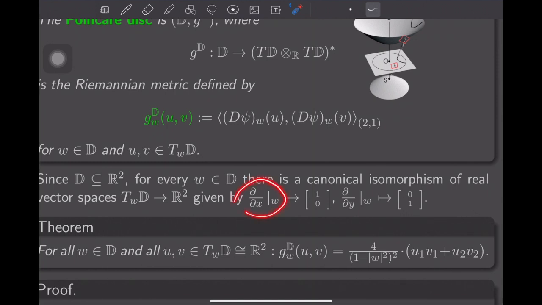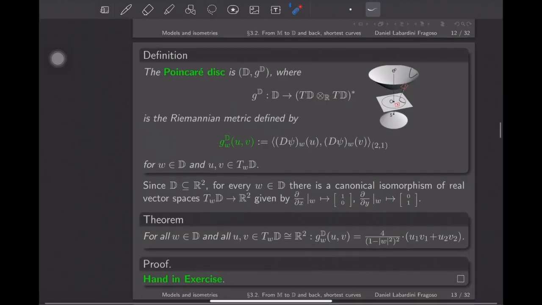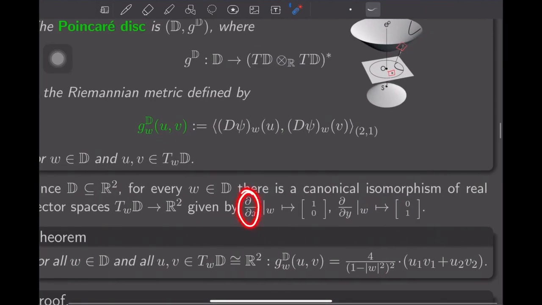Any such derivation, I don't want to go too much into that. The partial derivative with respect to x gets identified with (1, 0). The partial derivative with respect to y gets identified with (0, 1). Where somehow here I'm seeing things according to the local chart D itself.